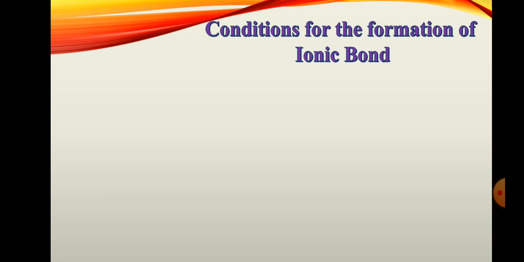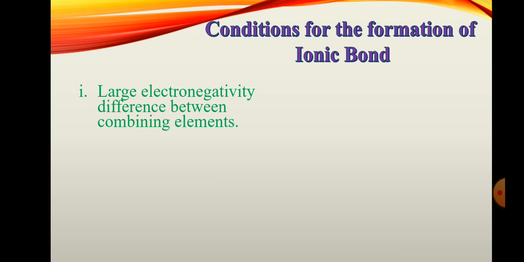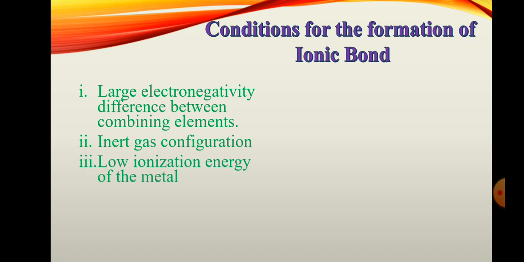Now let's understand the conditions for the formation of an ionic bond. There are 7 conditions for the formation of an ionic bond. Number 1, large electronegativity difference between combining elements. Number 2, inert gas configuration. Number 3, low ionization energy of the metal.